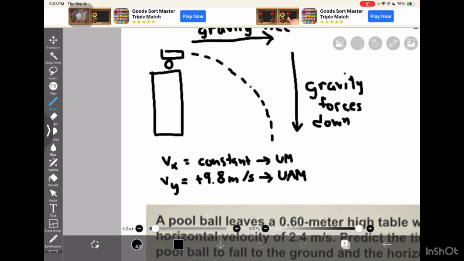Meanwhile, the v sub y is under acceleration. Why is this?